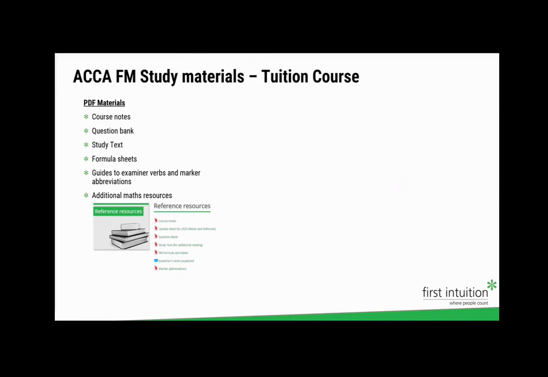So you have your aforementioned course notes that take you through the technical content of the syllabus. In addition, you have a PDF copy of the question bank, and crucially this is split into two parts. Part 1 that goes alongside the tuition course and Part 2 that goes alongside the separate revision course.